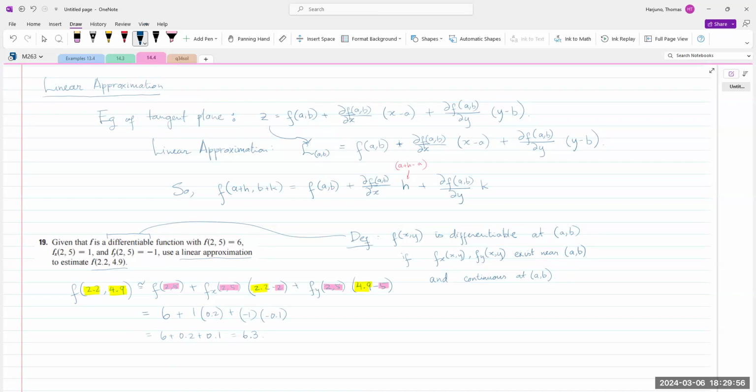Okay, basically the partial derivatives with respect to x and with respect to y both exist and are continuous at (a, b).